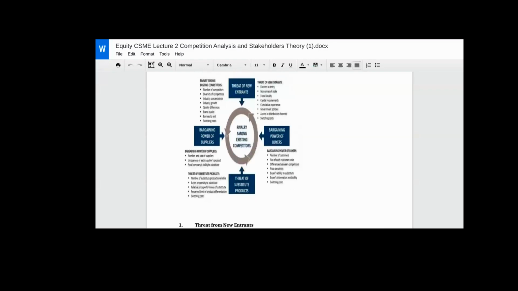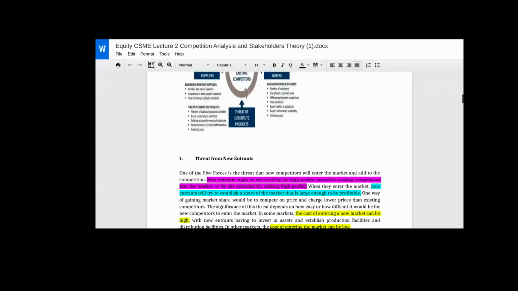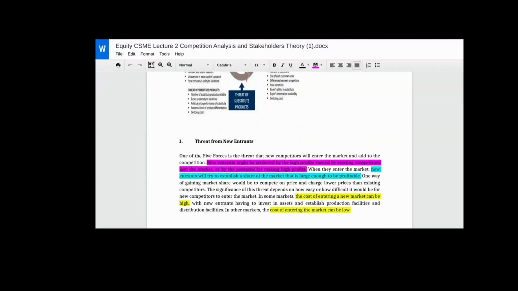This new entrant that we are discussing, Michael Porter informs us that we should not allow the new entrants to enter the market. Despite the fact that we are saying that competition is good, and we have to encourage competition for economic variability and the rest, he's saying that the new entrants that are coming will add more to the competitive pressure in the market.